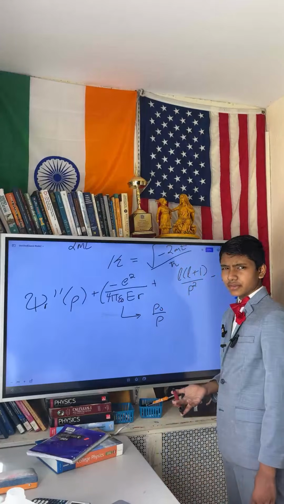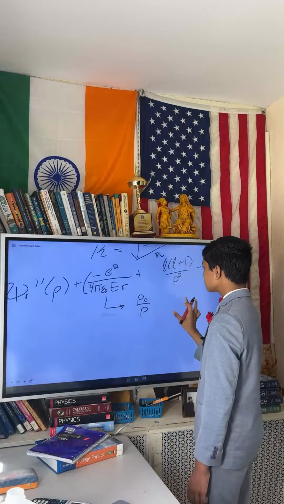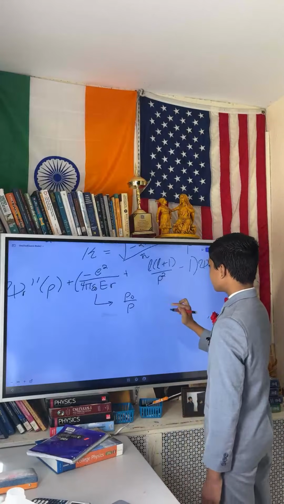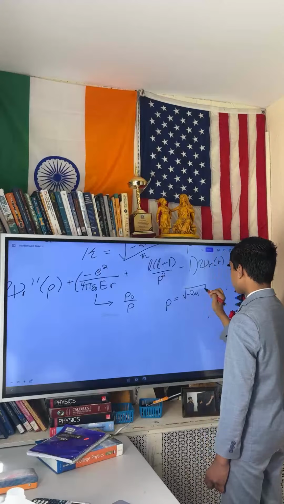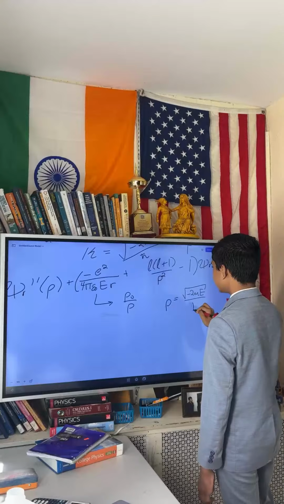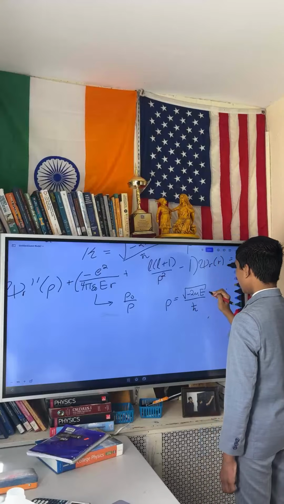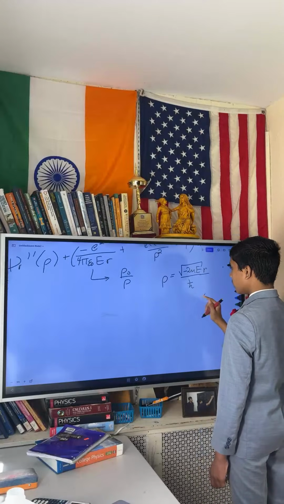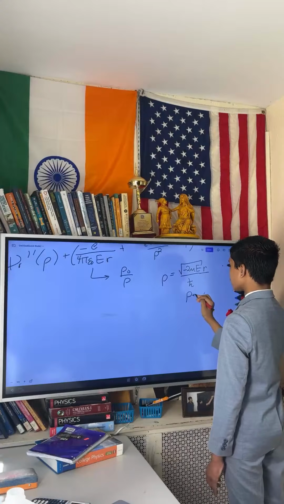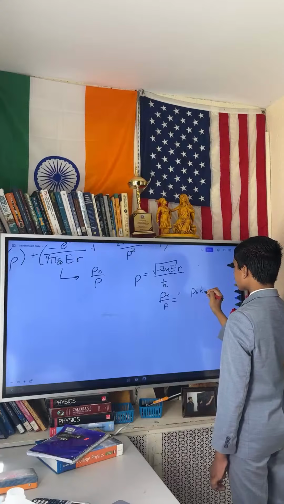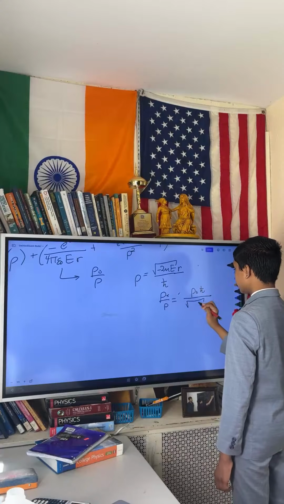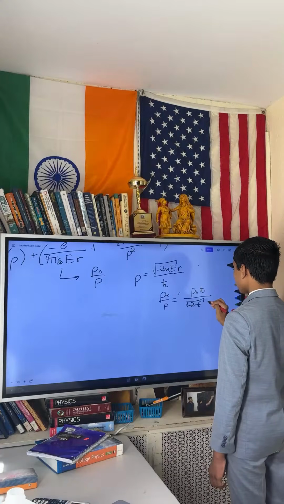So how can we do that? Well, we already know that rho is equal to minus the square root of minus 2mE over h bar multiplied by r. So that means 1 over rho, or rho naught over rho, is just equal to rho naught h bar over the square root of minus 2mE r.